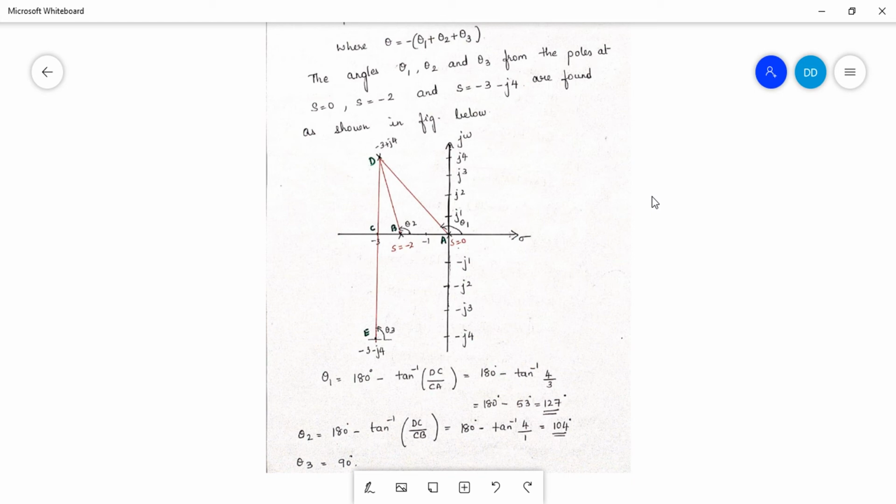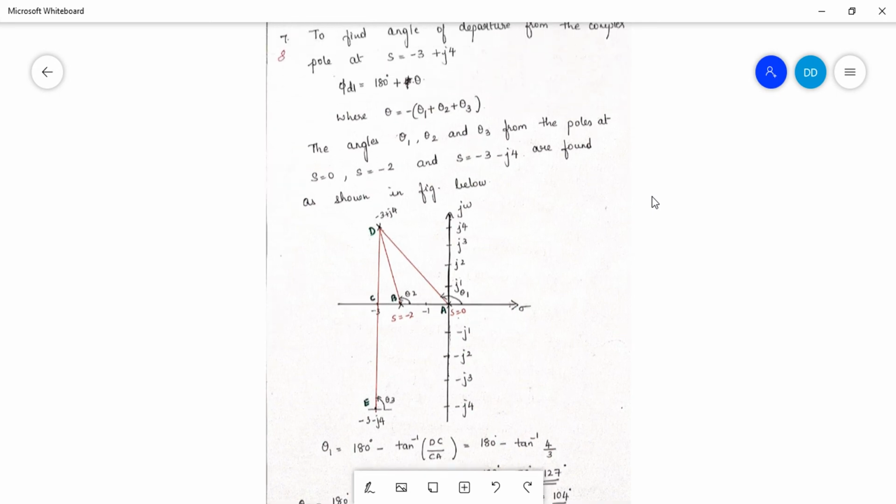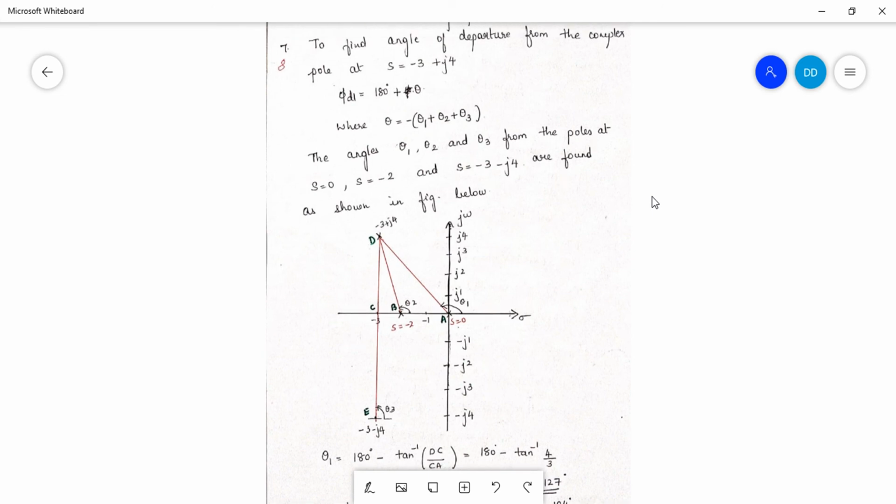So 180 degrees minus tan inverse of 4 by 1, which gives us 104 degrees. Theta 3 need not be calculated, as you can see it is directly equal to 90 degrees. So we have theta 1, theta 2, theta 3. We need to substitute them in the phi d1 formula, which will give us the answer for phi d1.